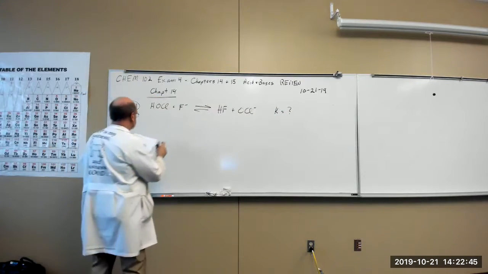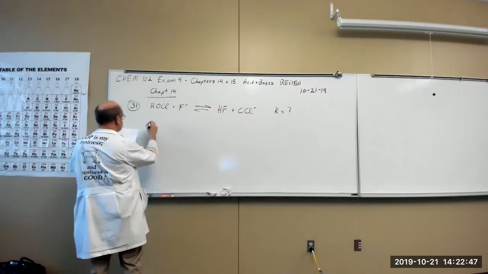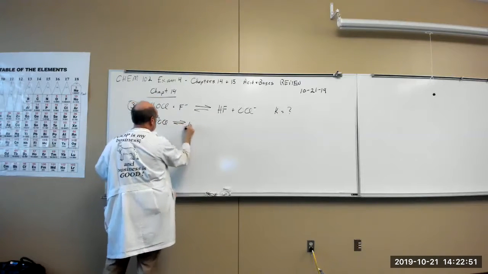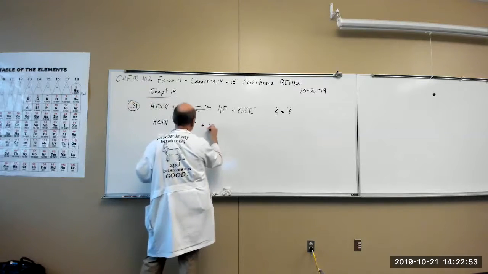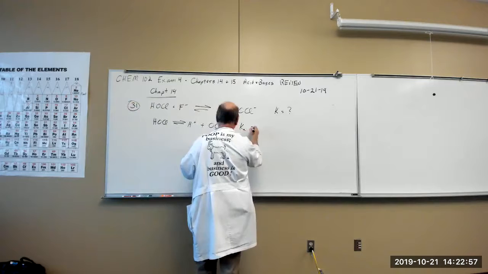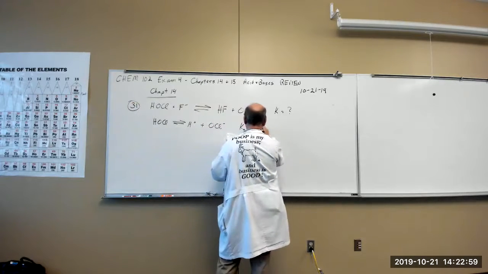We're given HOCl's Ka, and that Ka is 3.5 times 10 to the minus 8.